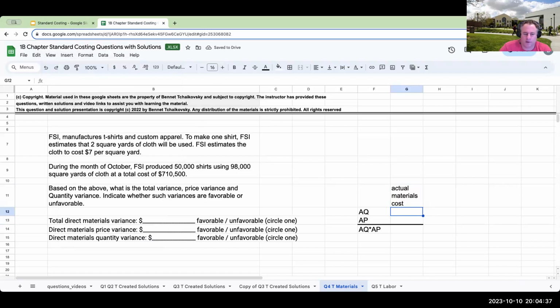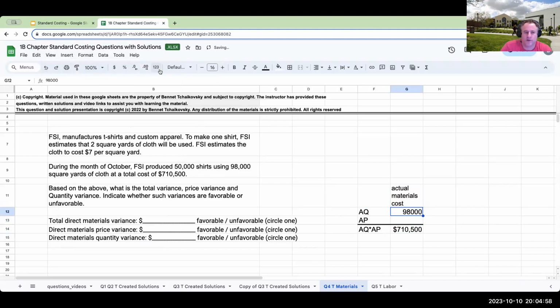During the month, I produced 50,000 shirts, right? That's not the quantity here; the quantity is really talking about what it takes to make a shirt. So we used 98,000 square yards of cloth at a total cost of $710,500. So this is what we actually went through and spent.